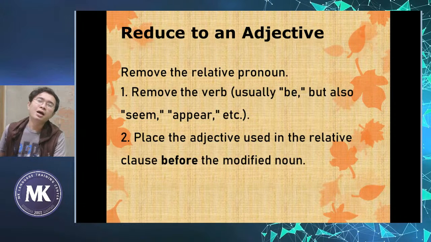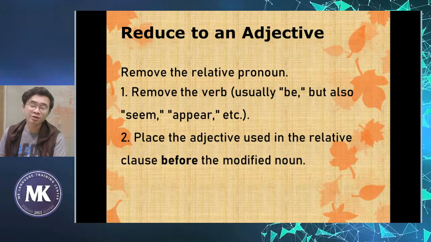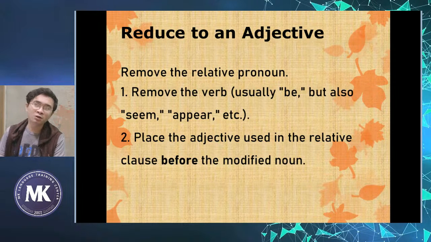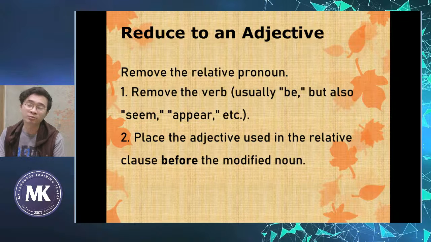Now, first one, we can reduce the relative clause into an adjective. So here from the clause like WH, any clause of relative clauses that starts with WH, we can also reduce that into an adjective form. So here there is the procedure.